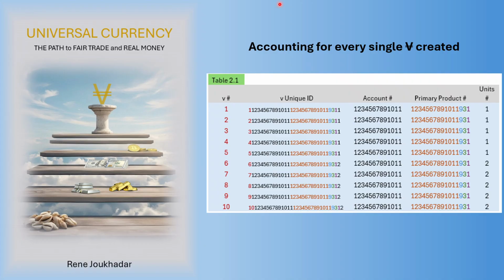So in this example, this particular product is the first product that earned new V's in the system. So the unique ID for a V would be the chronological order of V's, followed by the account number of that primary producer, followed by the product ID, and then the unit number for that product.